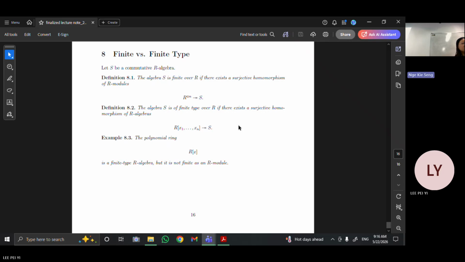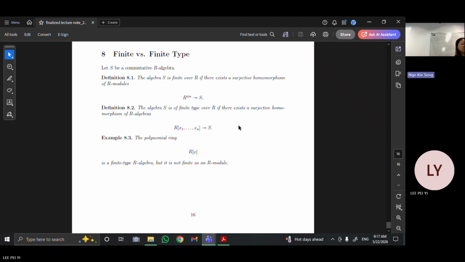Is this finite over R? Or finite type over R? That's different. Is it still finite over R? Got two definitions.